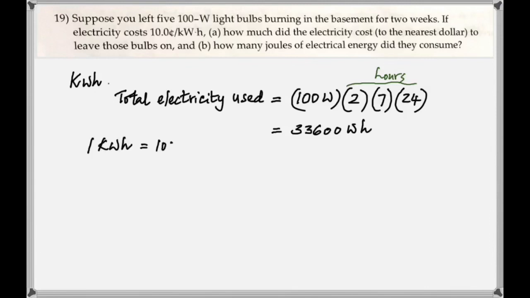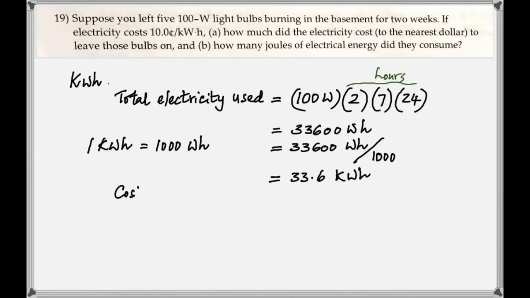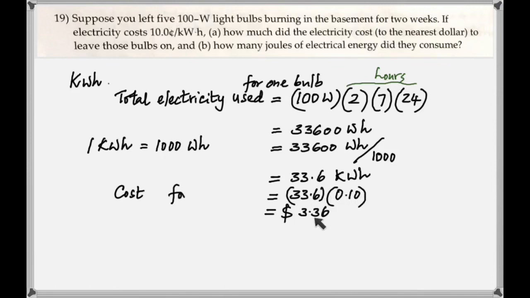And then because a kilowatt hour is 1000 watt hour, we'll divide this by 1000 and you get 33.6 kilowatt hour. Now that is actually called 1 unit of electricity, and then since we are paying 10 cents, and that's $0.1, you multiply that with $0.1 and you get $3.36.